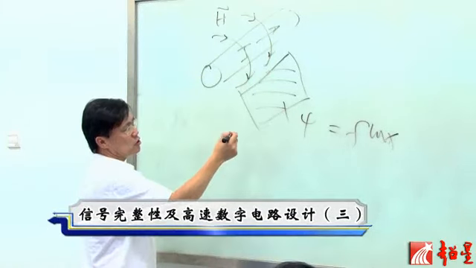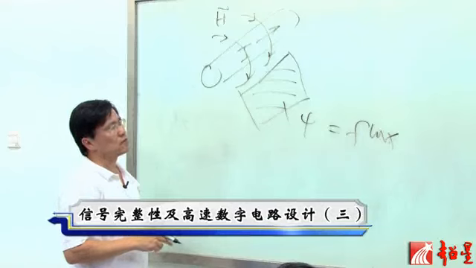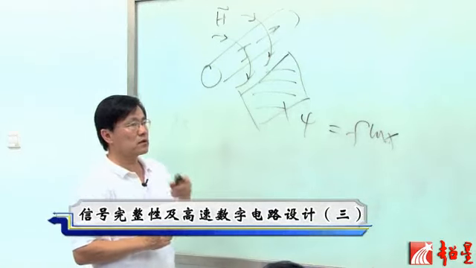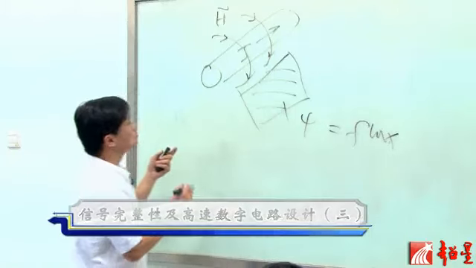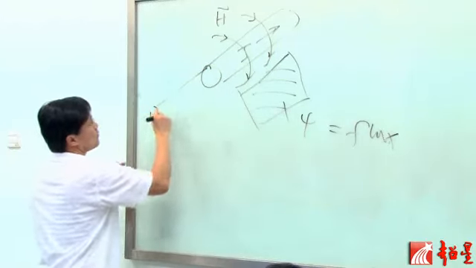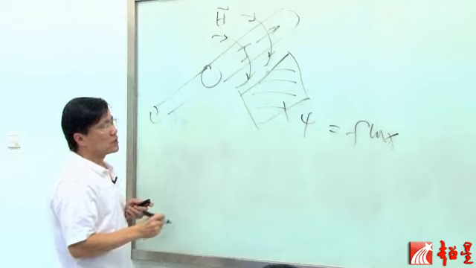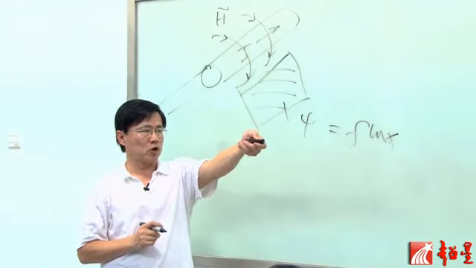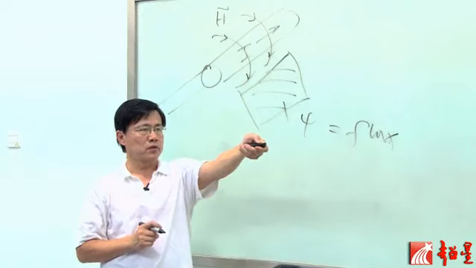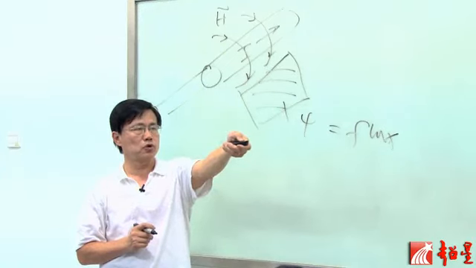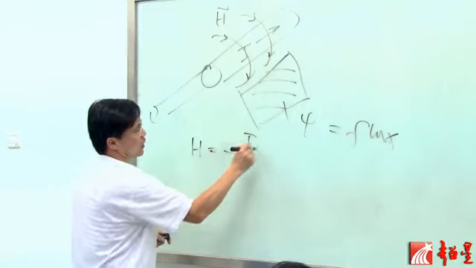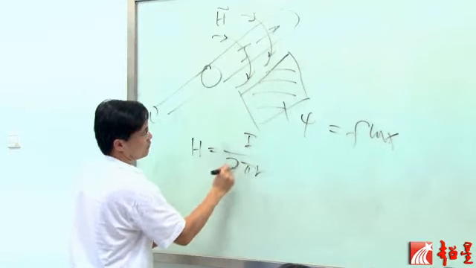That's not that hard. If you know H, then you do a surface integration and you get flux. To do that, it's pretty simple. Assuming this is an infinitely long line, by Ampere's law you have a closed line integration there, and you can find H, which is equal to I over 2 pi r.